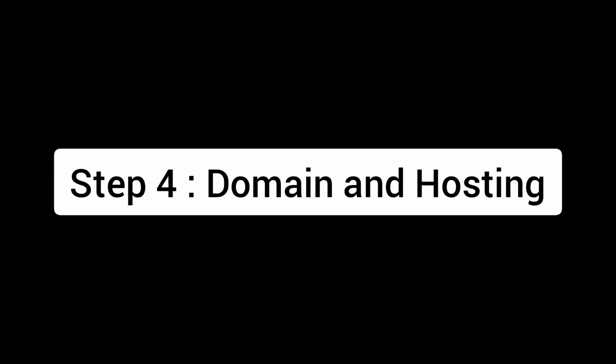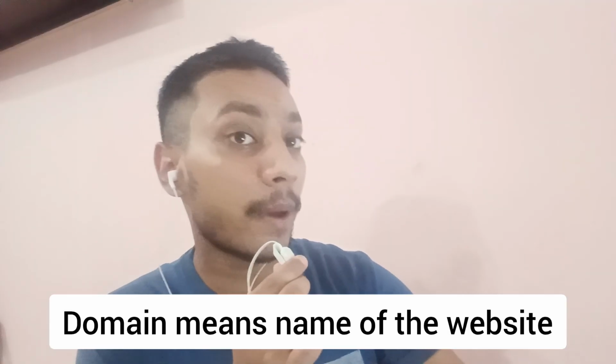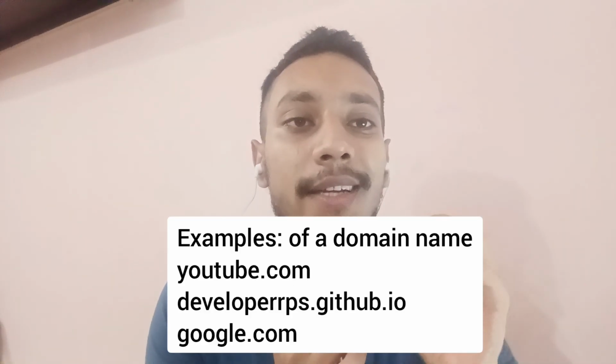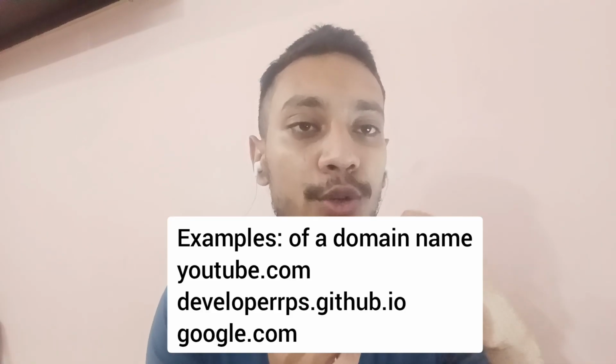Once you have the front end, the back end, and the bridge, there comes the crucial part of making the website live, which is domain and hosting. So domain is the name of a website, also known as a website's address or a web address. It ends with .com, .io, .me, .in, .org, many things.